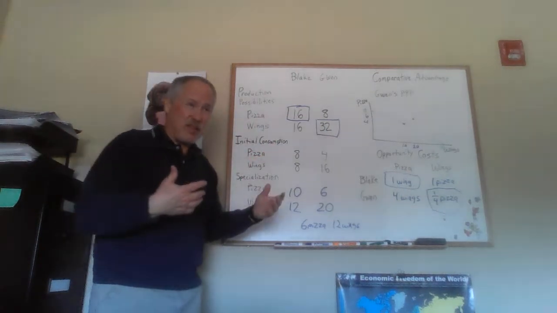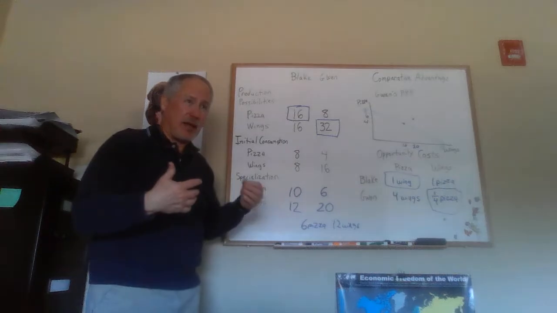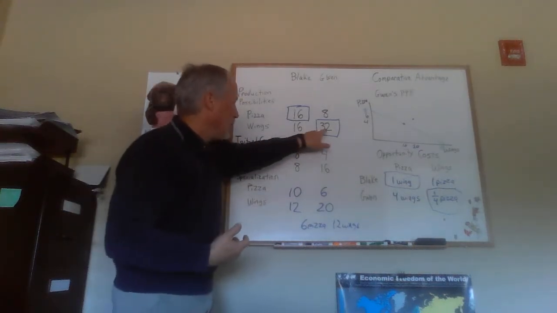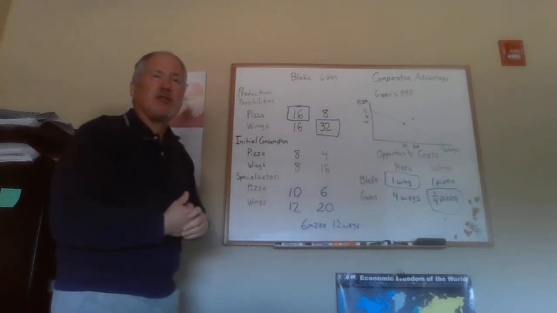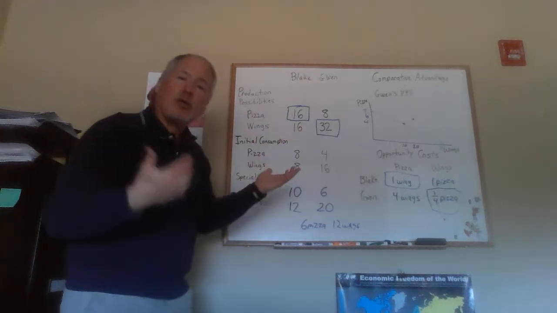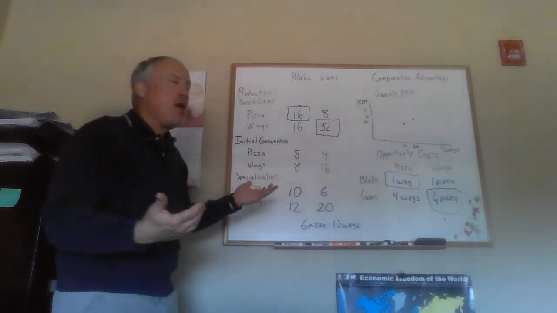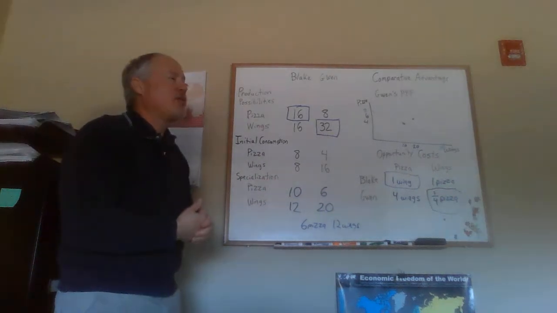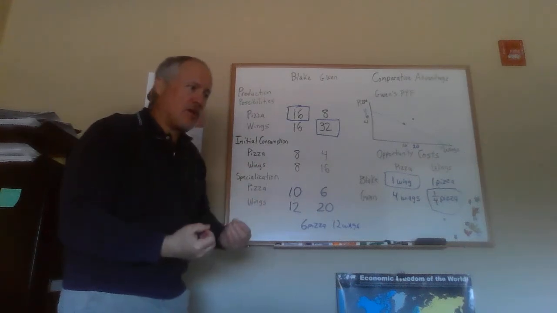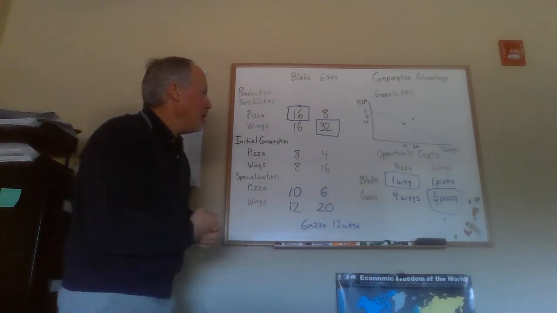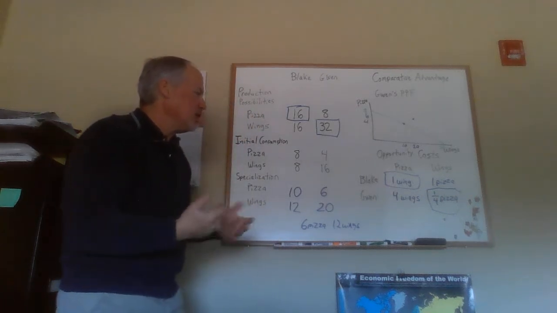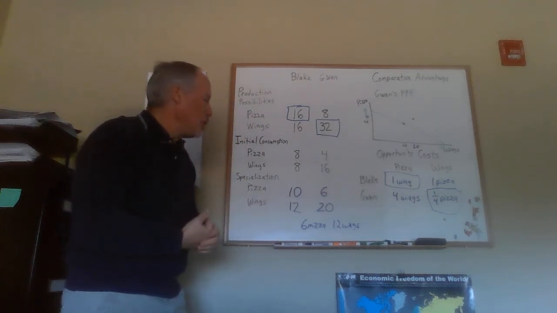So Blake is in some sense absolutely better at making pizzas than Gwen, but Gwen is absolutely more productive in terms of making wings, and one day she can make 32 wings. Blake can only make 16. So we have both absolute and comparative advantage, but it's comparative advantage that matters here. And when you specialize in the direction of your comparative advantage, you can be more productive.